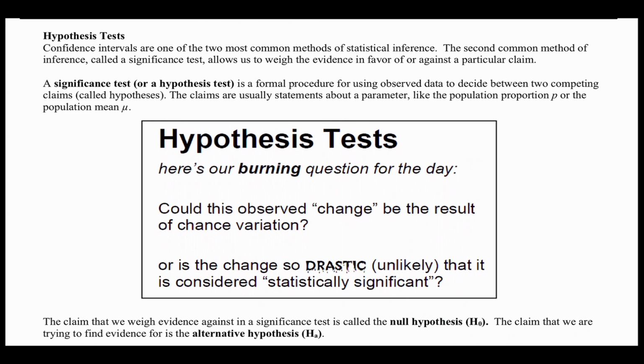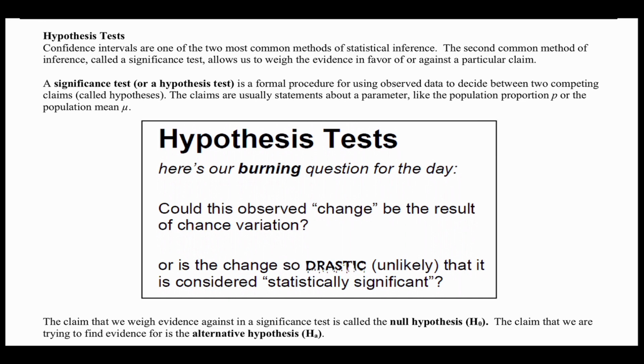Someone claims something. Someone says the true average GPA of students at Central High School is 3.2. That's a claim, right? What a hypothesis test, or a significance test, does is ask: is that claim true or false? But not really true or false.